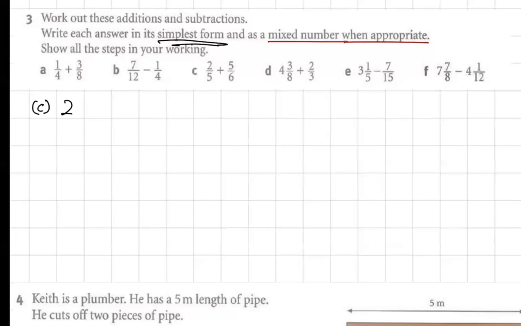C, 2 over 5 plus 5 over 6. Okay, so now we have to multiply on both ends because 5 can become 6, 6 can become 5. So here multiply by 6, multiply by 6, multiply by 5, multiply by 5.